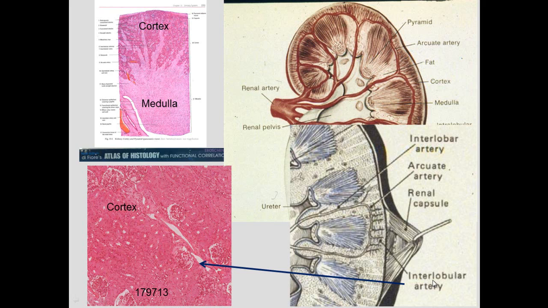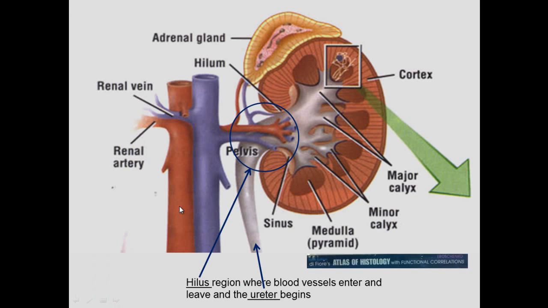We call those interlobar arteries, and that's what we see here with a little glomeruli going off of each of those. And those are off the arcuate artery, which comes in the interlobular artery. Interlobular, arcuate, and then the interlobar arteries is where you find the glomeruli in the cortex.